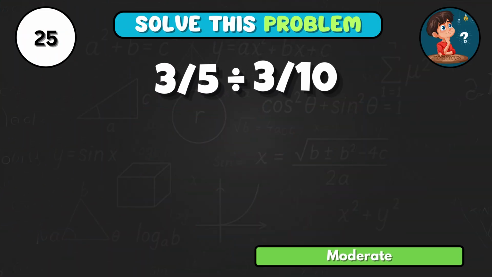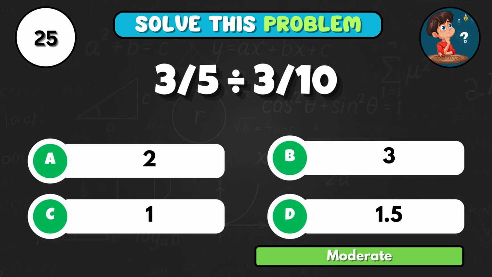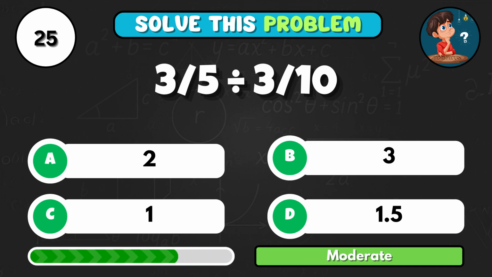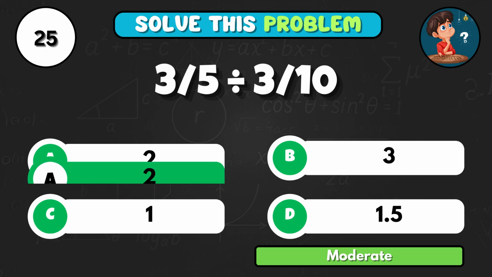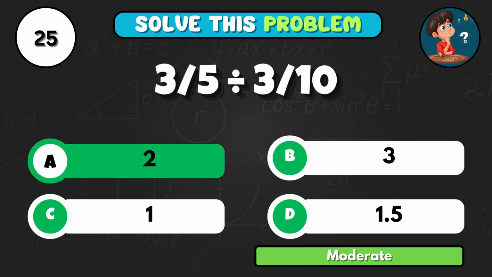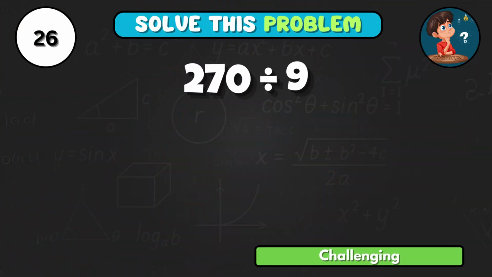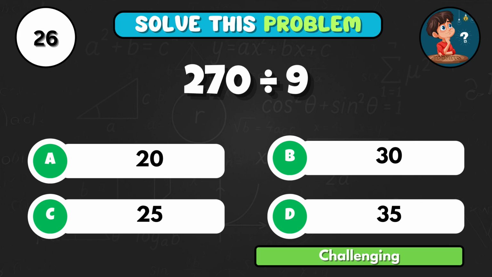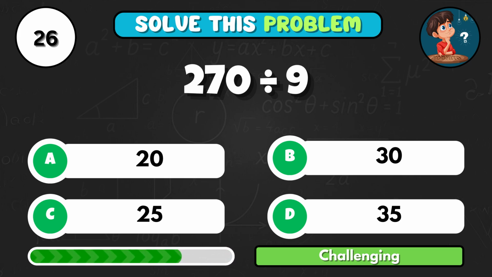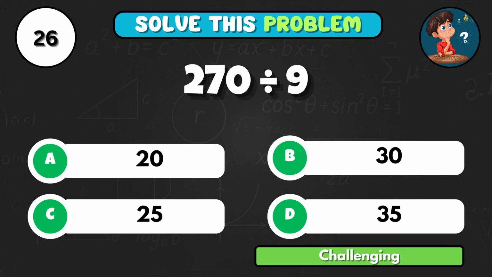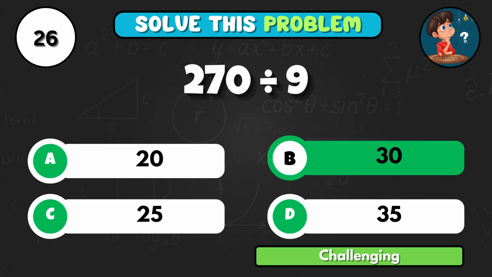3/5 divided by 3/10 equals what? That's A, 2. What's 270 divided by 9? It equals B, 30.